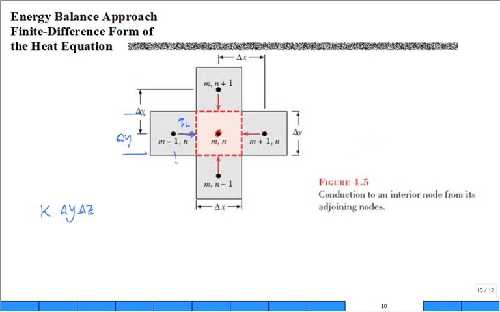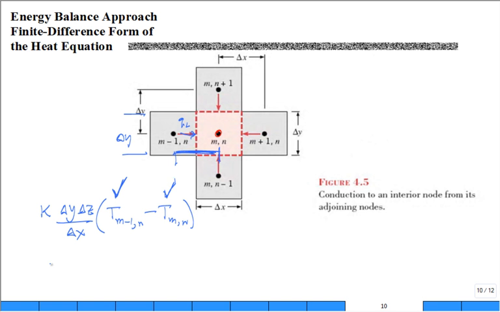Wouldn't that be this distance, which is the same as delta x? Times the temperature at m minus 1 comma n minus the temperature at m,n. It's driving, the way I wrote it, from a higher temperature outside node to the lower temperature interior node for that control volume.